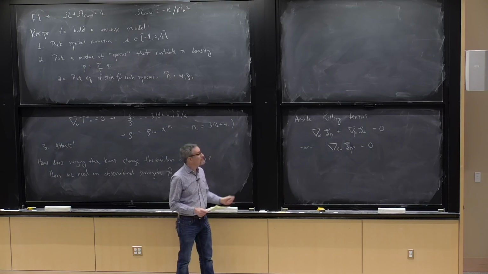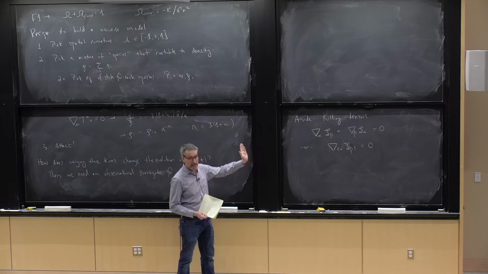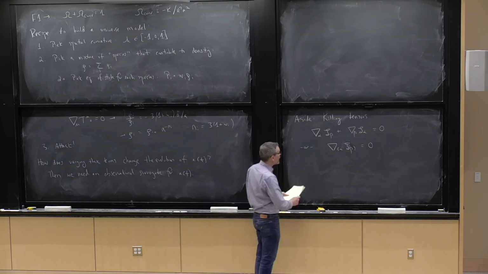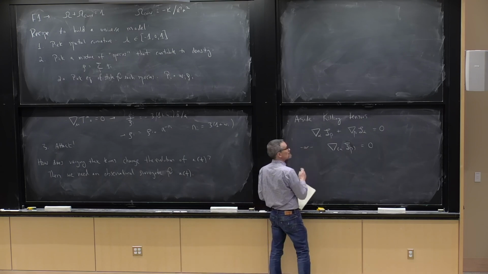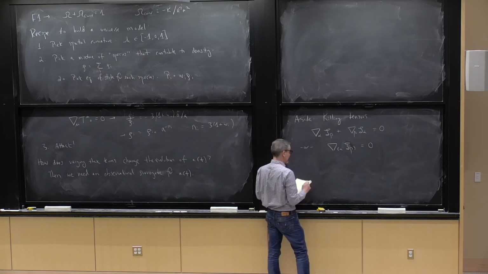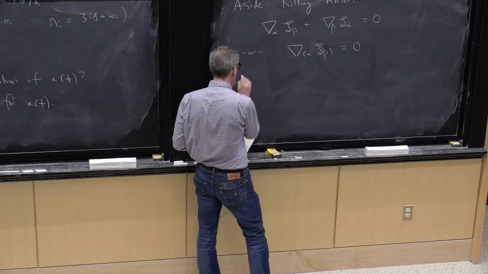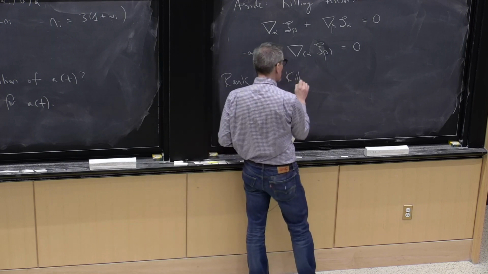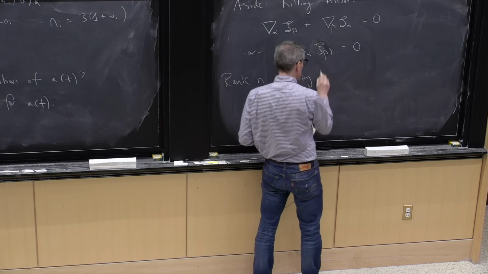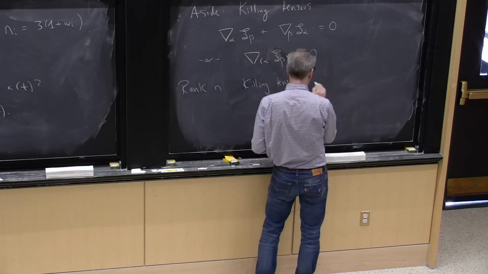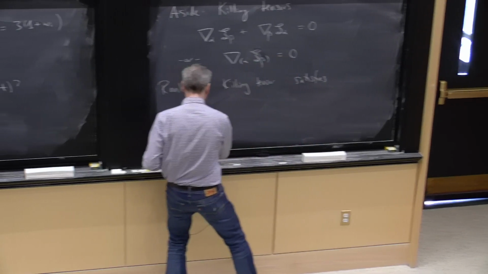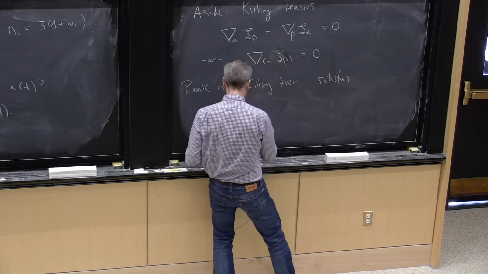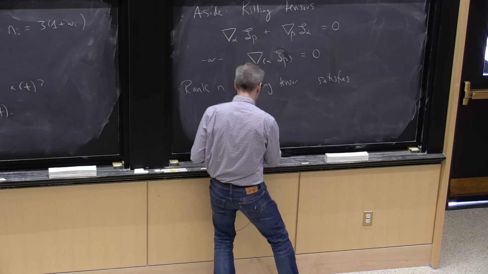A Killing tensor is just a generalization of this idea to an object that has more than one index on it, to a higher rank tensorial object. So we consider this to be a rank 1 Killing tensor, a rank n Killing tensor satisfies, so let's say K is my Killing tensor.